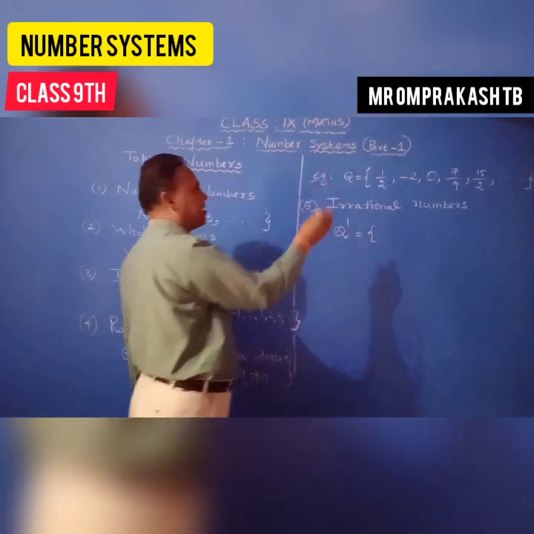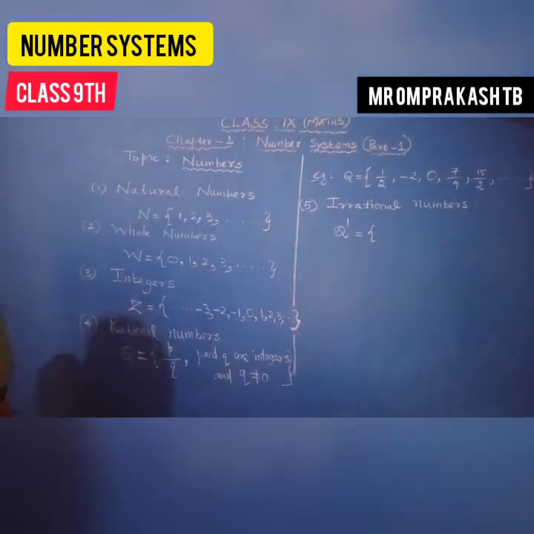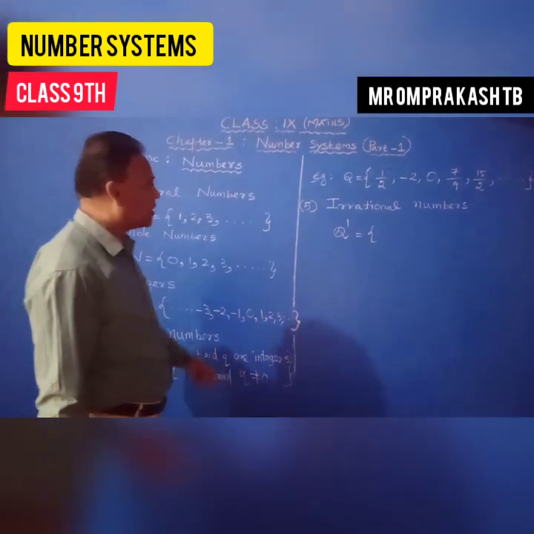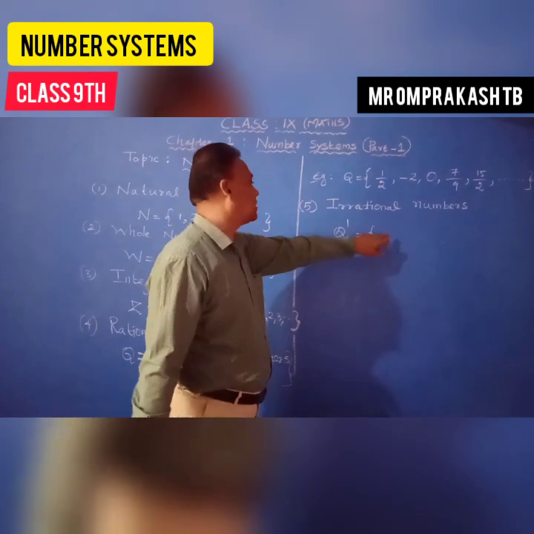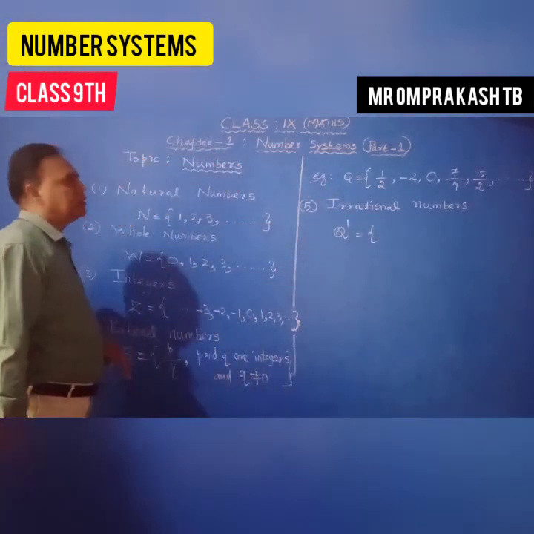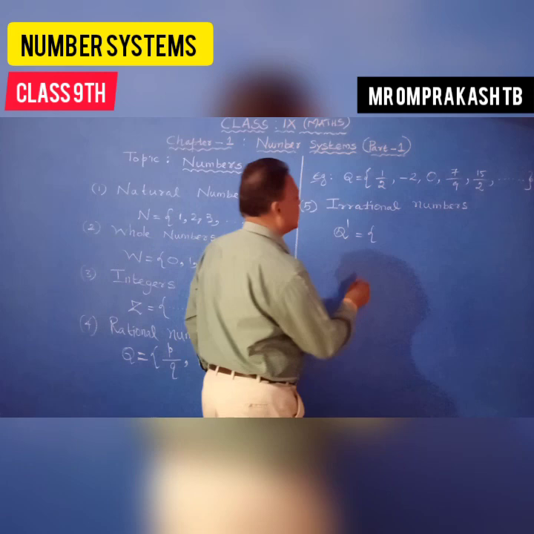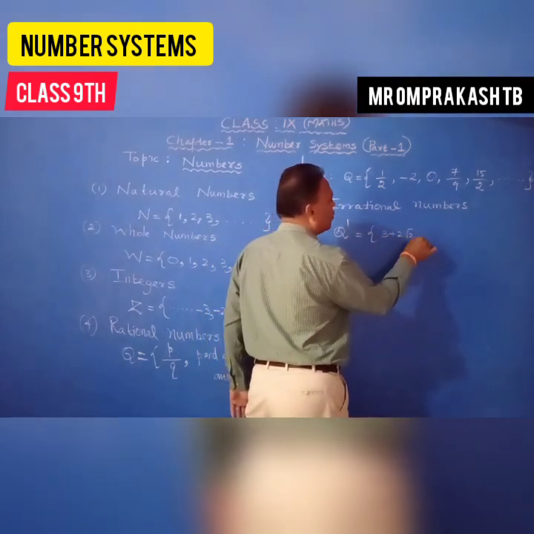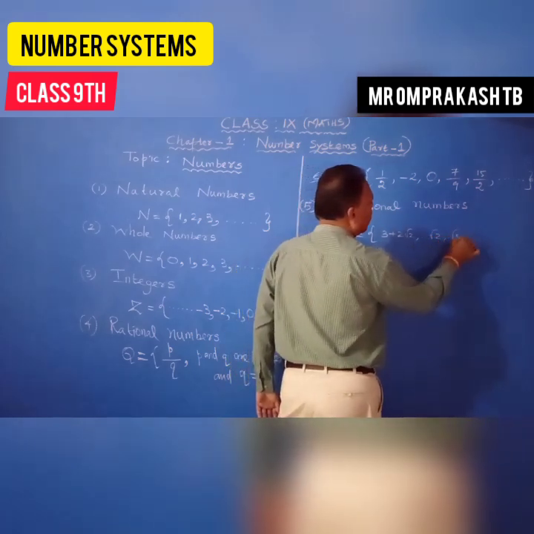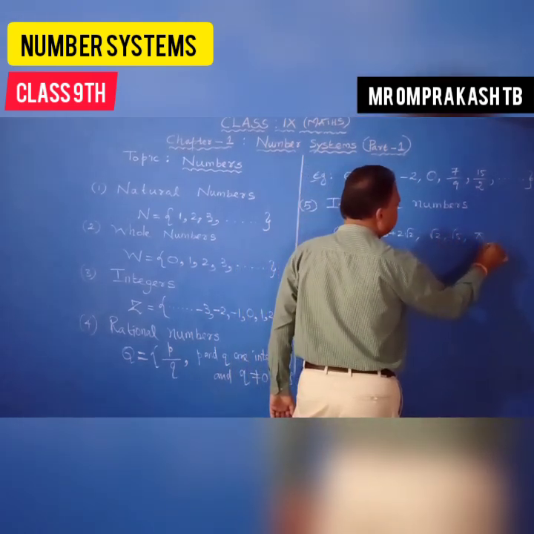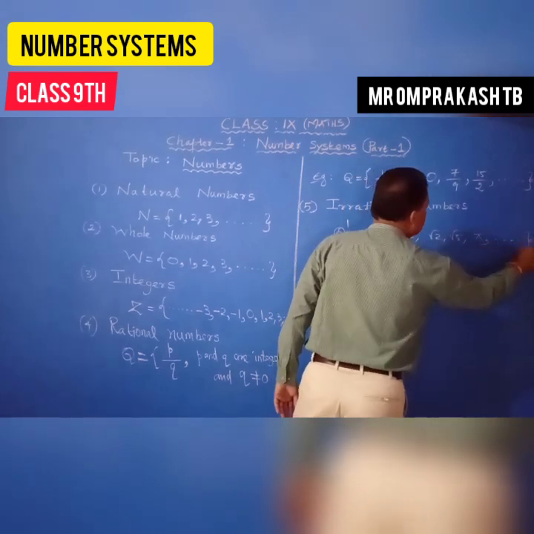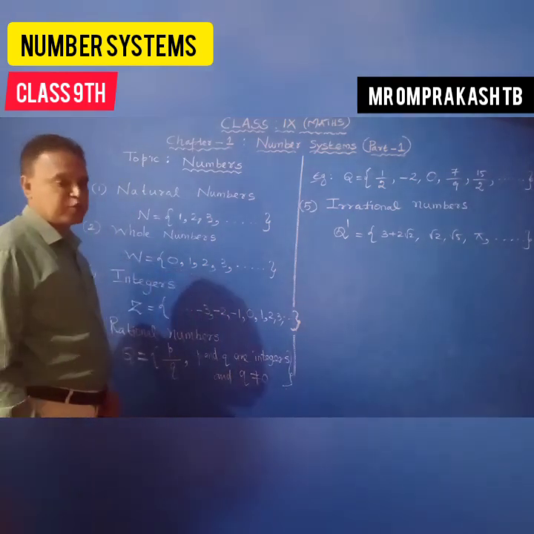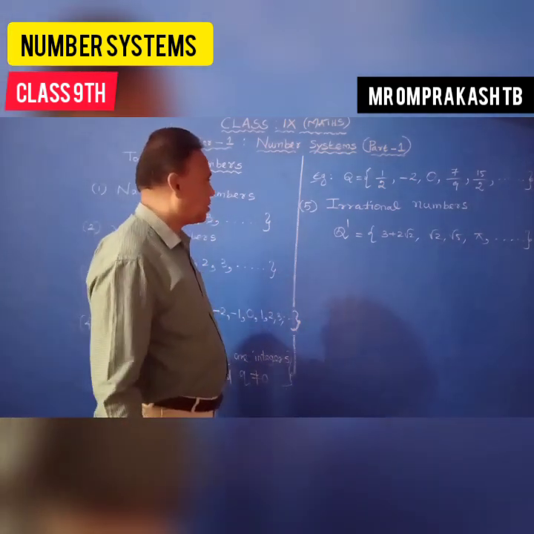That is the complementary set, meaning whatever elements are in Q dash are not in Q. That means irrational numbers, for example 3 plus root 2, root 2, root 5, then pi, etc. I will explain more later on.